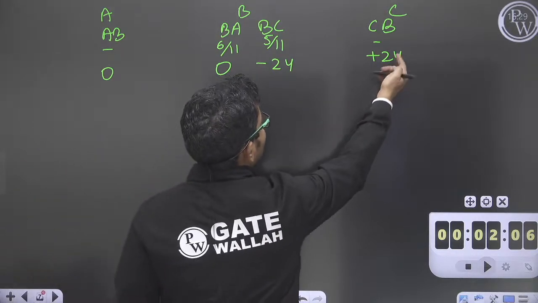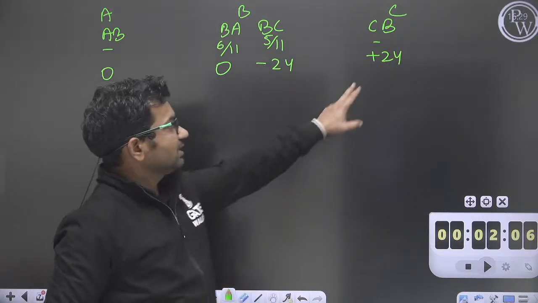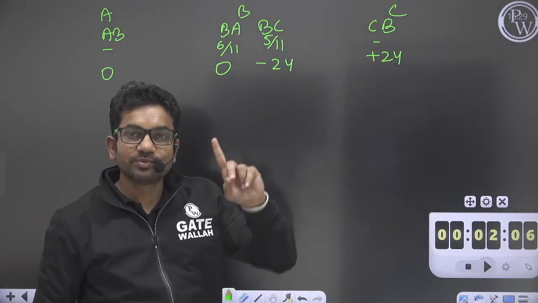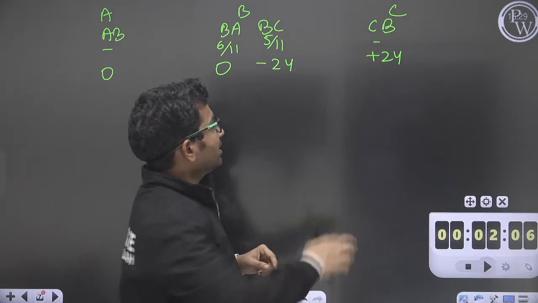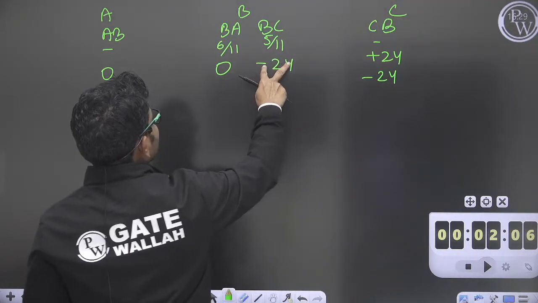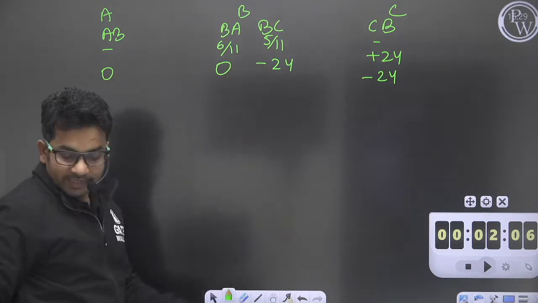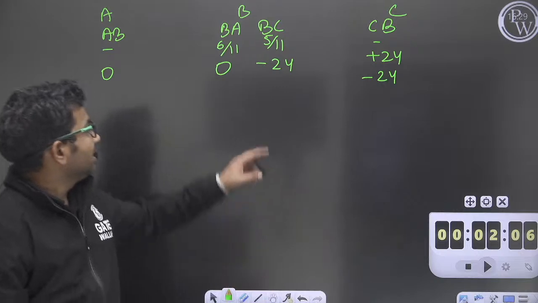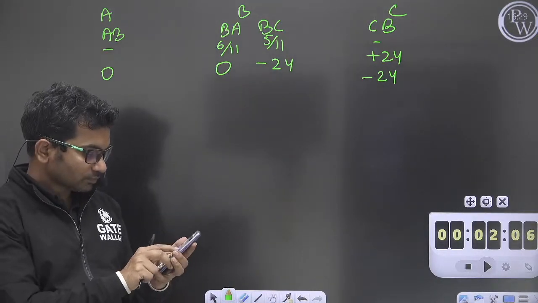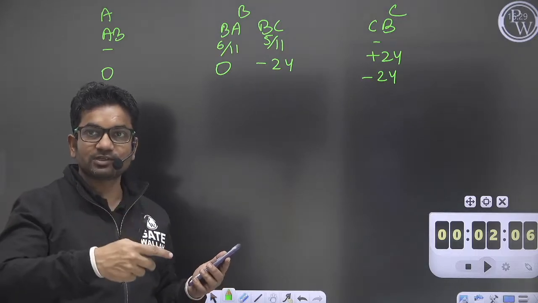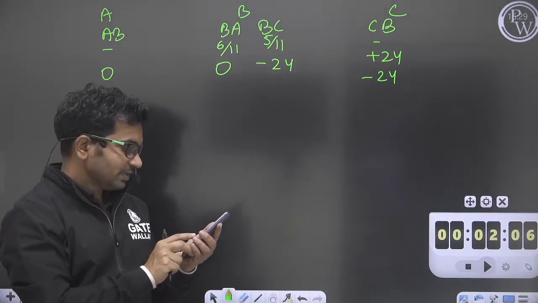So for balancing moment, here joint C is what? A hinge joint. So here there should be 0 moment. So for 0 moment, the balancing moment should be minus 24. Here it is minus 24. Okay, so unbalanced moment is 24. Unbalanced moment is 24, so I'll have to apply balancing moment plus 24.